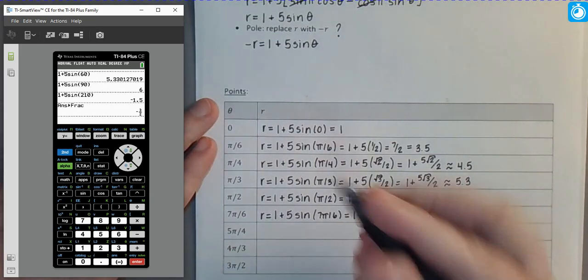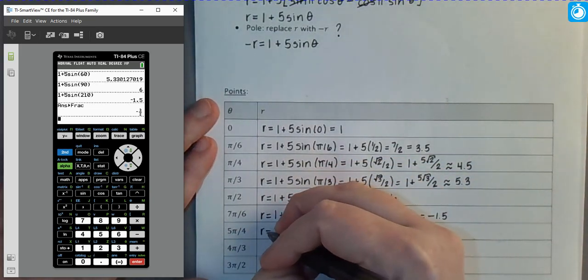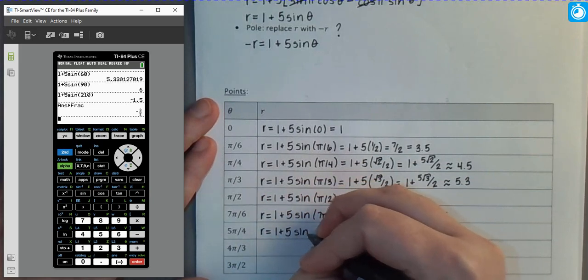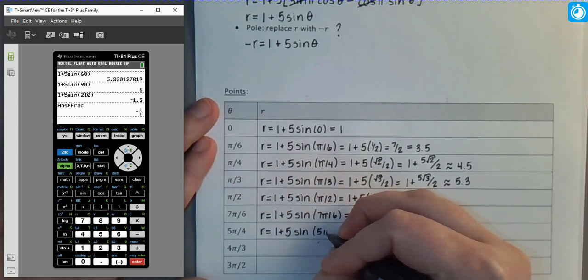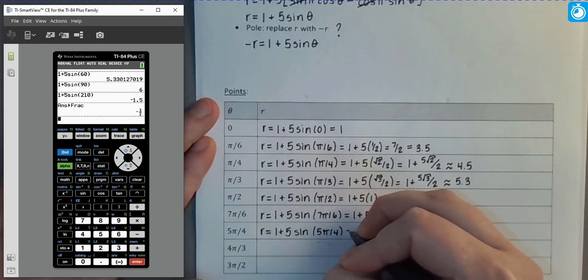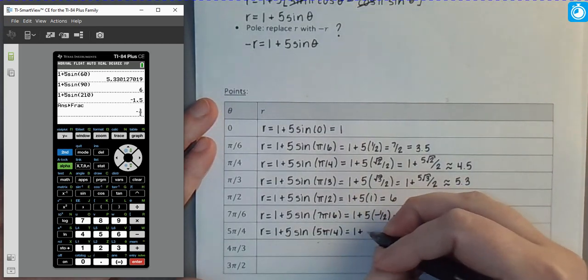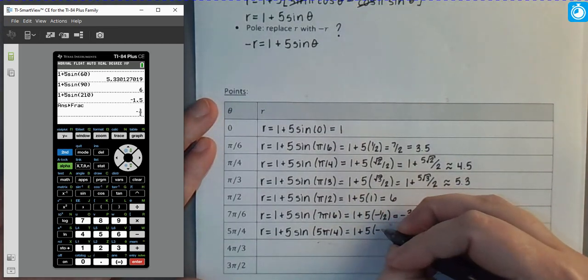Okay, so let's go to our next radian measure and see what happens there. At 5 pi over 4, again down in the third quadrant, we have r equal to 1 plus 5 times the sine of 5 pi over 4. The sine of 5 pi over 4 radians is negative root 2 over 2. So 1 plus 5 times negative root 2 over 2.